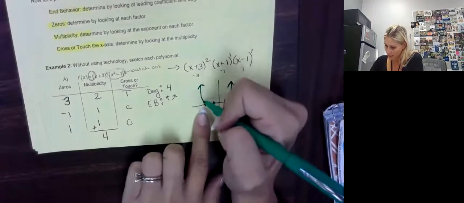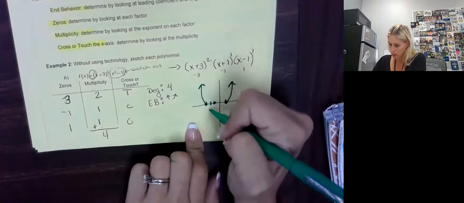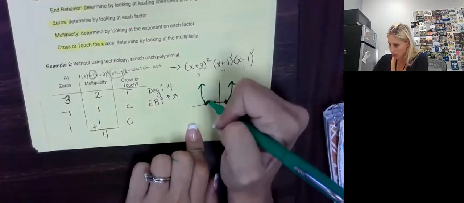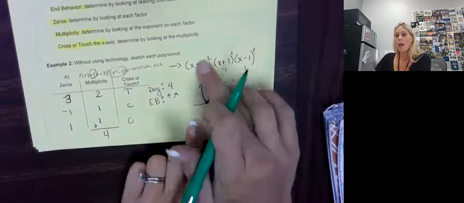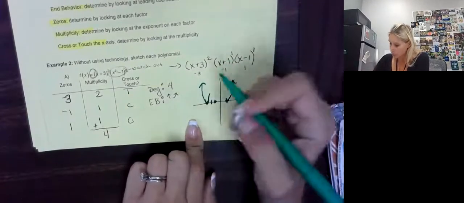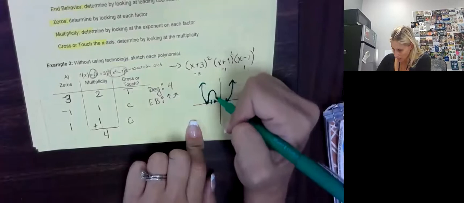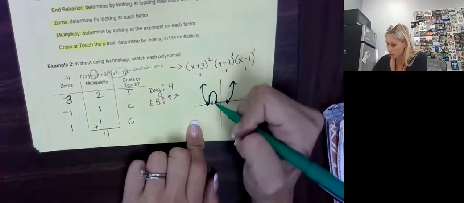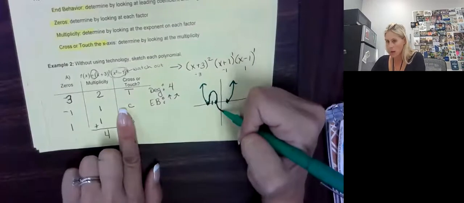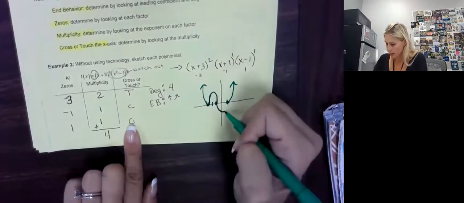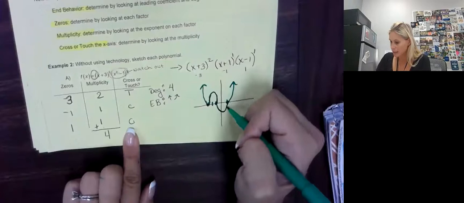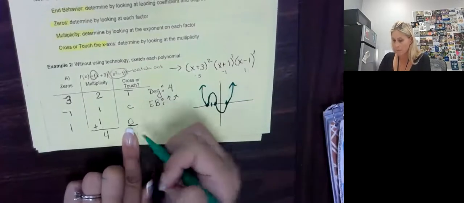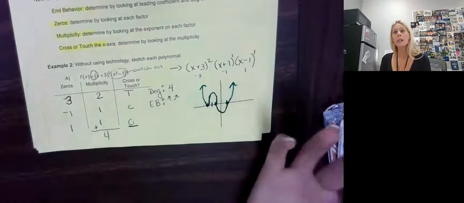So right at this -3, we're touching. So we don't go down here. That would be a cross. Touching means we're going to bounce back. I don't care how far you go up. As long as we come back down right here, we get through that 0. And as you can see, we're going to cross. Now the next one, when I get to that 0, this crosses, and I can double check. Yep, it's supposed to cross, and we're good to go. The reason why I know it's not upside down is because of that end behavior.